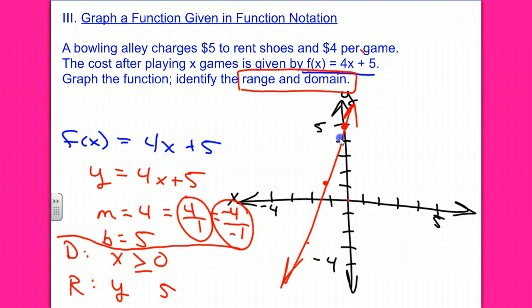Yes. And could the y's be equal to 5? Yes. So there's your domain and range. So really, my graph needs to be a ray, right? Start here and go up. In reality, we don't go back in number of games. And there you go.